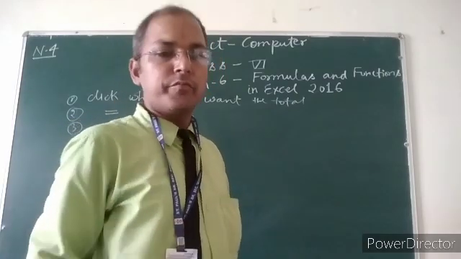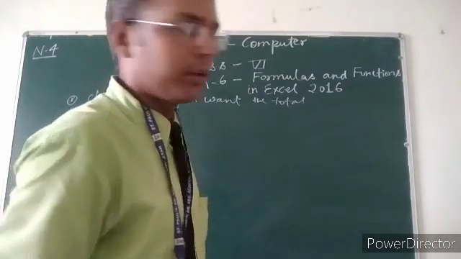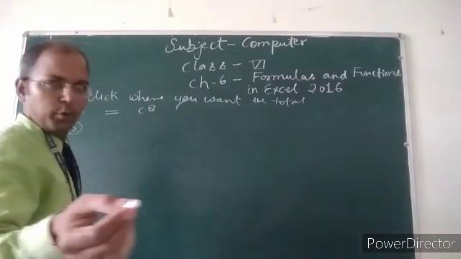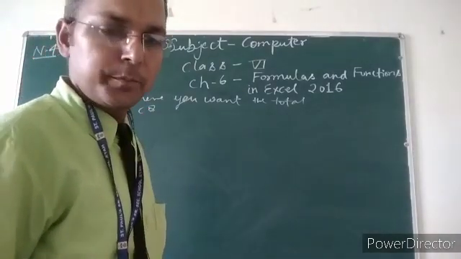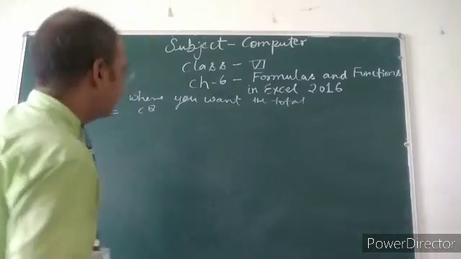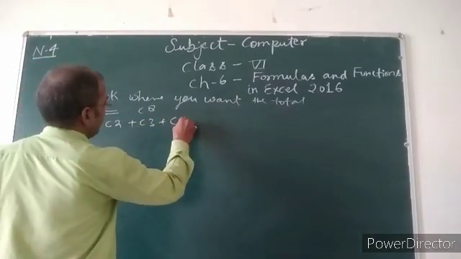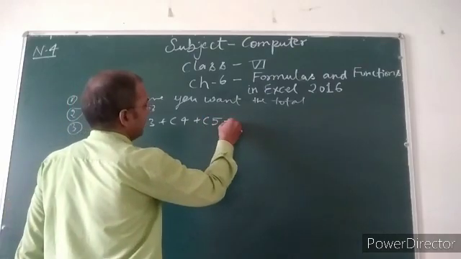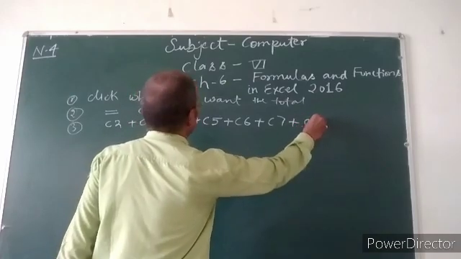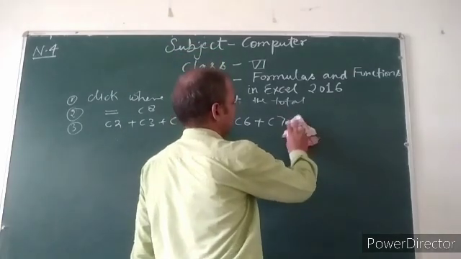Third, now type the formula: equal sign, C2 plus C3 plus C4 plus C5 plus C6 plus C7, in the cell C8, the place where you will get the total, as in figure 6.1 and 6.2 of your book.